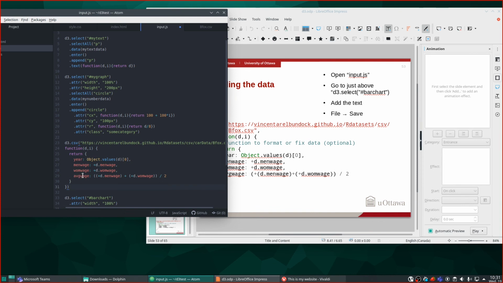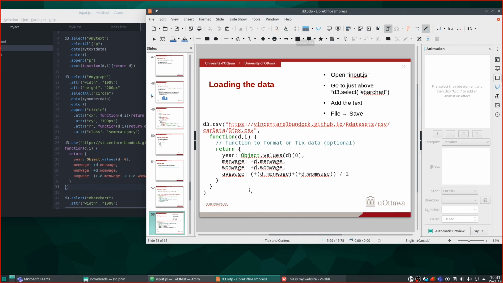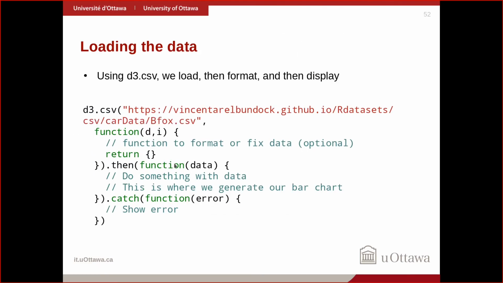So now we have data, and then we have to use that for the next function. If I go back one slide, that was this first part. That was a function to format the data, which we did. So the next step is to use then. And that's where we actually do something with the data. That's where we're going to generate our bar chart. And that's the code that we already had.